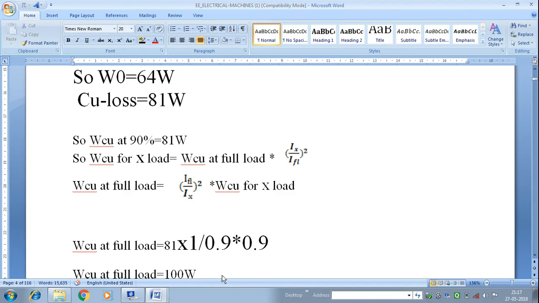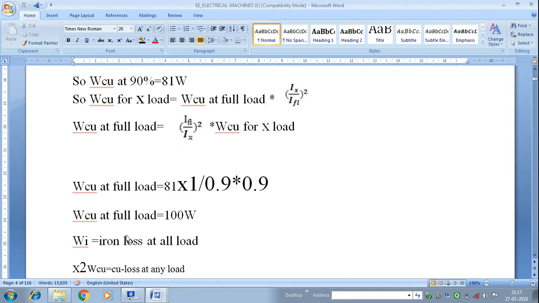That is 1 square divided by 0.9 square into 81. So WCU full load is equal to 100 watt. So we have got the full load copper loss, that is your 100 watt.